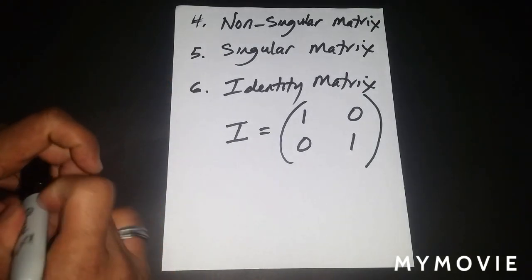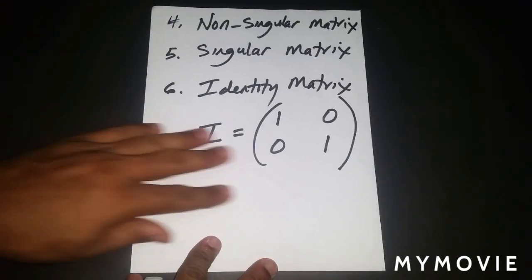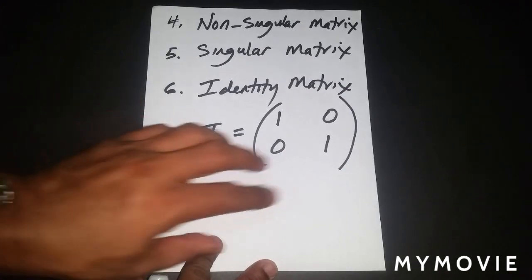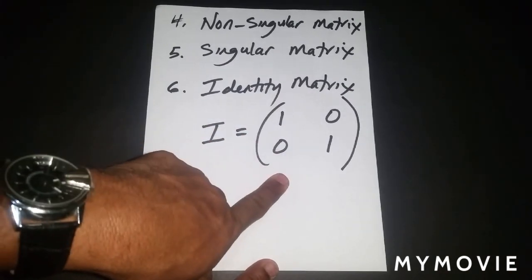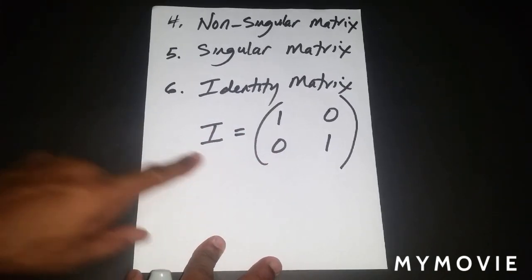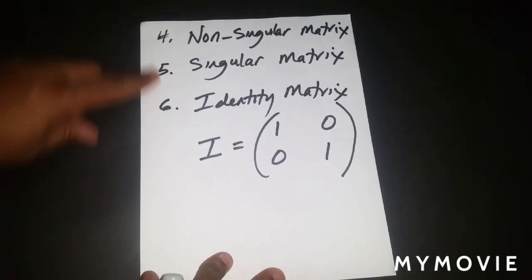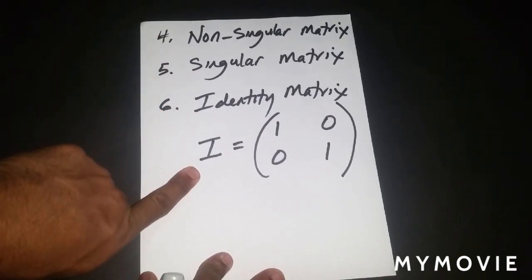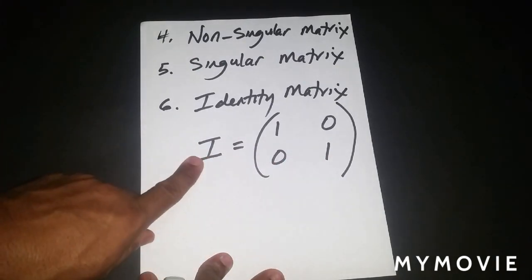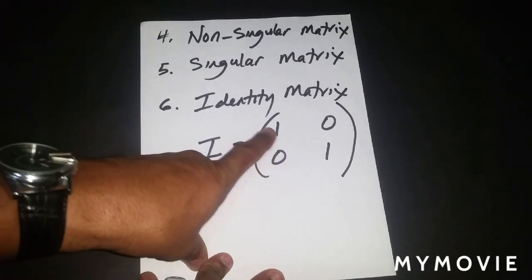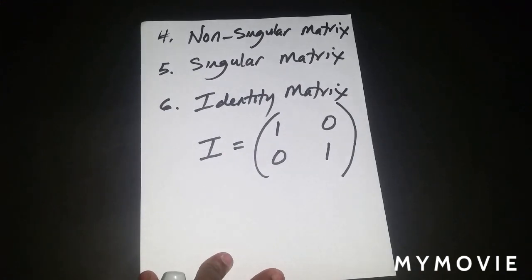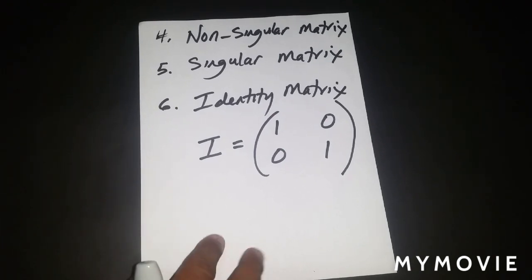Now this matrix here acts like the number 1, and you're not going to understand that now, but when we get further into the topic and we come back to this guy, then you're going to understand what I'm saying. So non-singular matrix, singular matrix, those two are going to be mentioned later on in the topic. And the identity matrix, the letter I is reserved for this matrix, and the elements are 1, 0, 0, 1 in that specific pattern or arrangement. So those are matrices that we're going to see again later on in the topic.